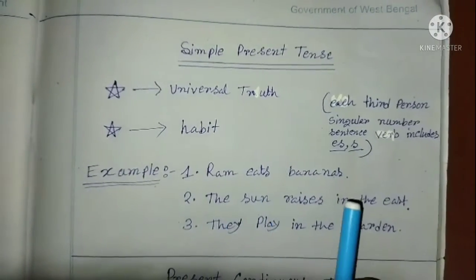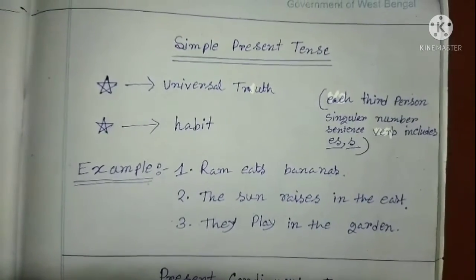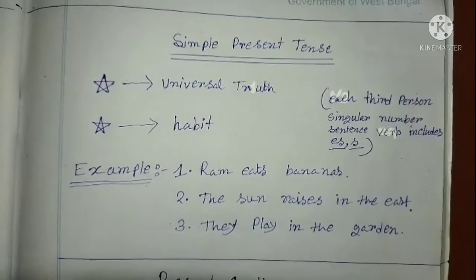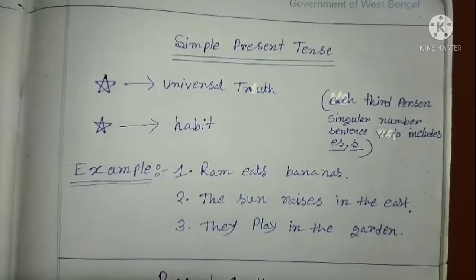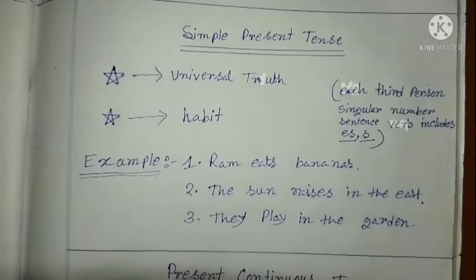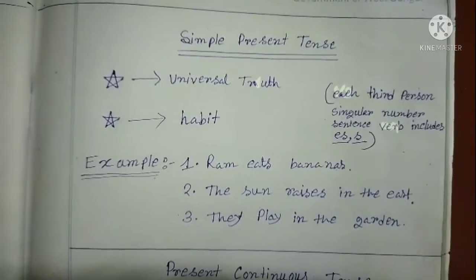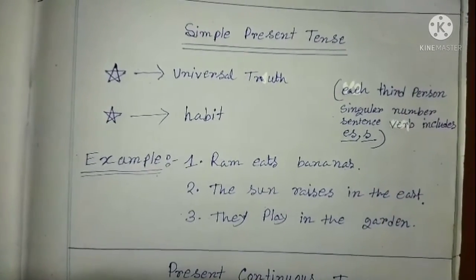Ram eats bananas. I can remind you that here the subject Ram is third person singular. That's why an extra s is attached to the main verb eats. And next, the sun rises in the east. Look, here is the same phenomenon.